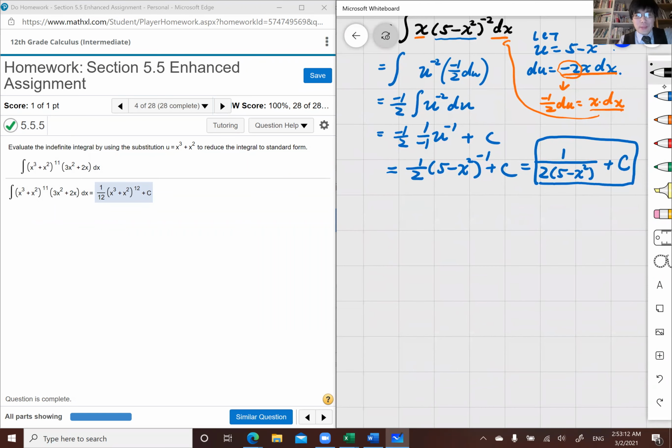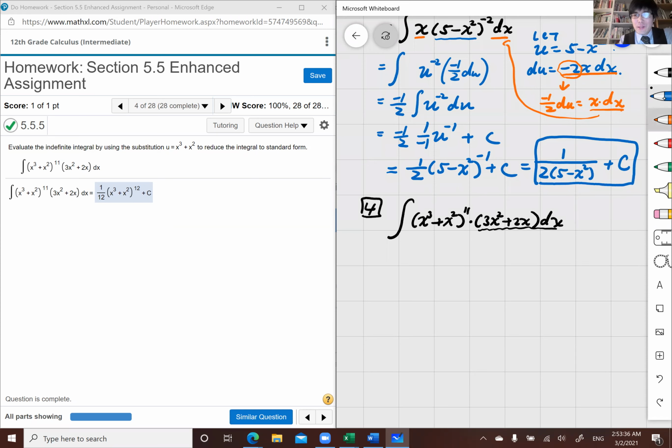Okay, next one is a bit complicated. The integral of (x cubed plus x squared) to the power of 11 times (3x squared plus 2x) dx. Well, if you do not have this part, maybe you have to expand this expression.